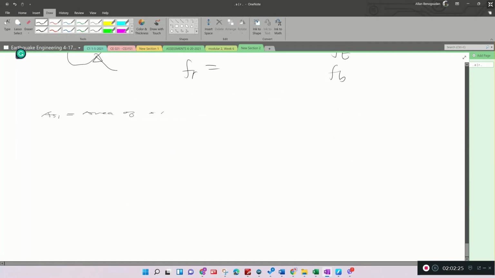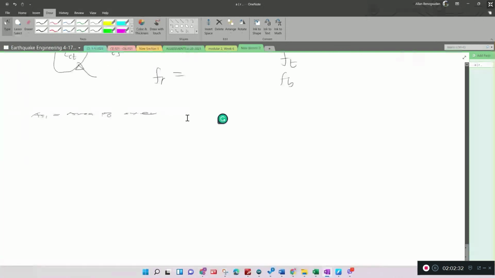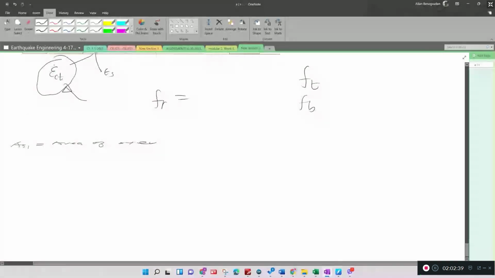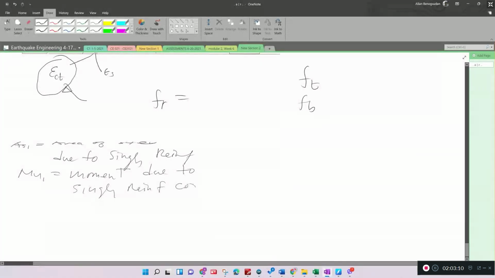Area of steel due to singly reinforced. And M1 is moment due to singly reinforced ulit. To singly reinforce complete.